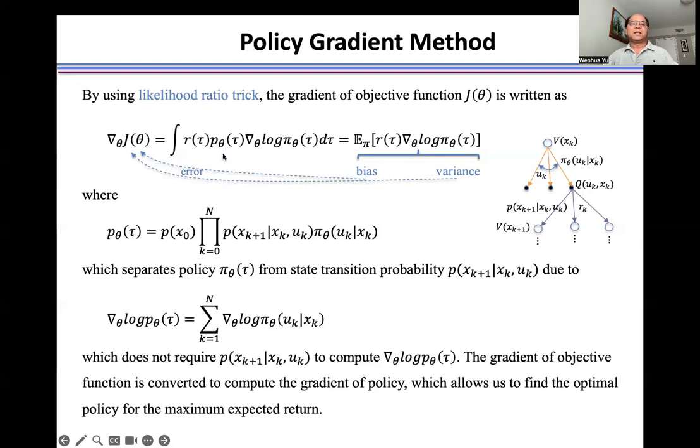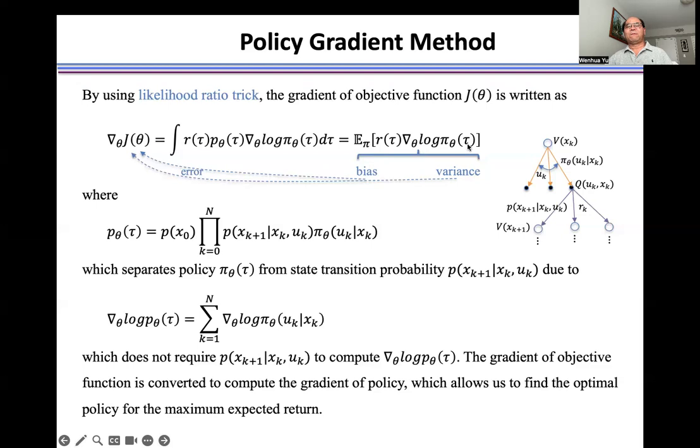However, if we change the integral to an expectation, we also need to think about two problems: one is the bias, one is the variance. They are caused by how we sample.